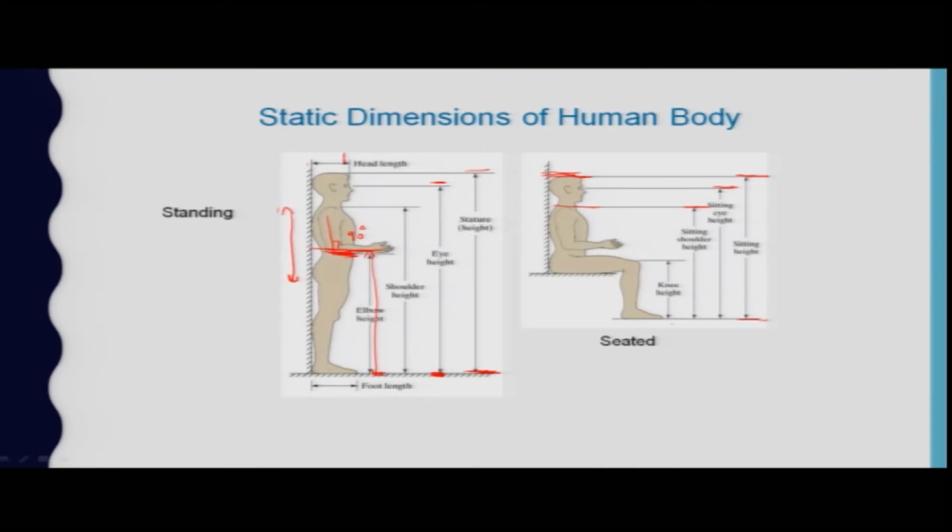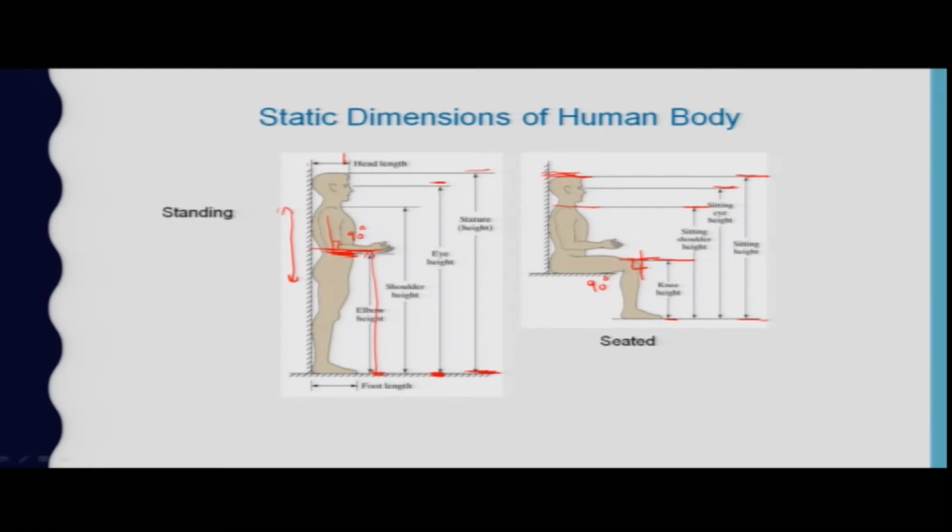Another thing is knee height, which is a major concern. Knee height we can determine by measuring the vertical distance between the floor and the upper surface of the thigh, with knees bent at 90 degrees.